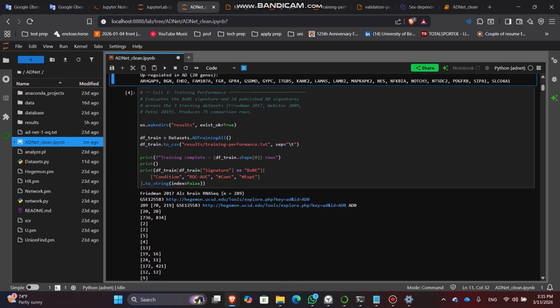Cell 3 runs AD training all. This took about 3 minutes, so I'm showing you the pre-computed output. The bone signature is evaluated against 24 published AD signatures across 3 training databases.